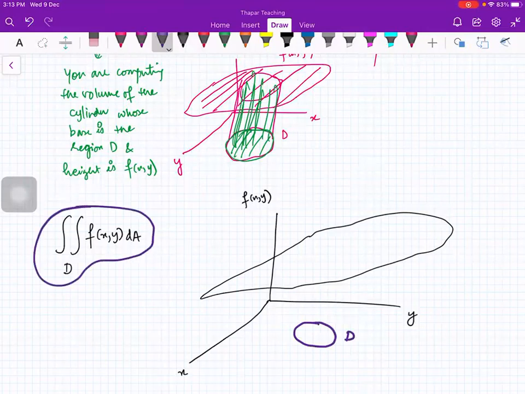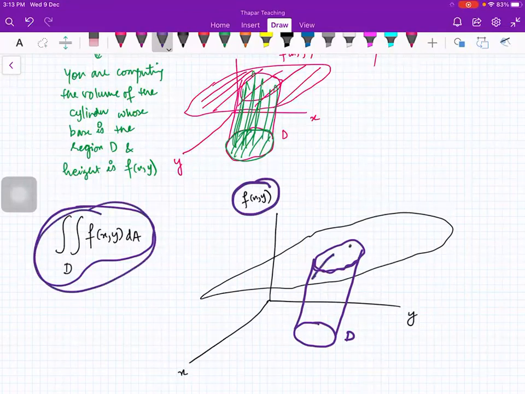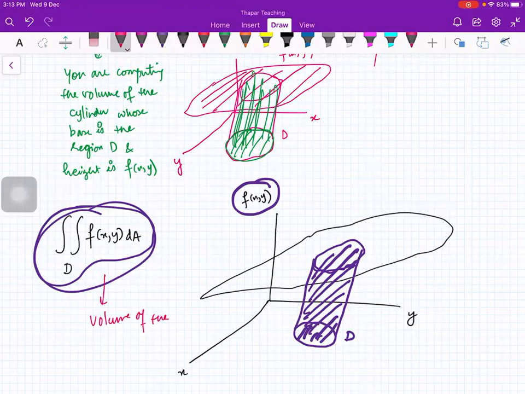This is actually, just make a cylinder. The upper part of the cylinder will not be a flat surface, but it will be depicted by f(x,y). So this is a number which tells you the volume, this much volume. So this is the volume of the cylinder whose base is D. D can be of any shape.